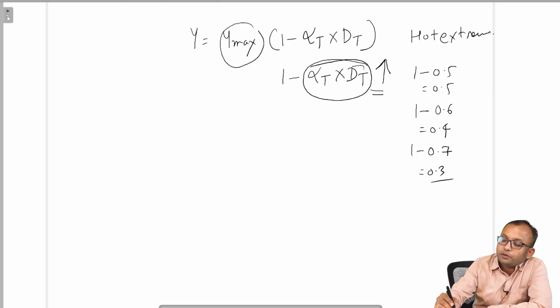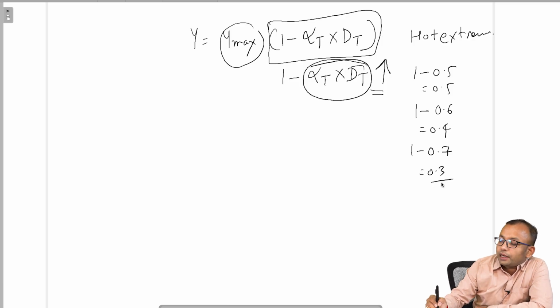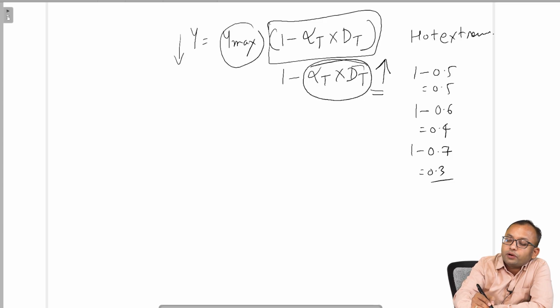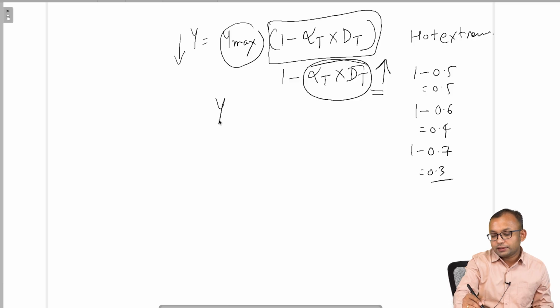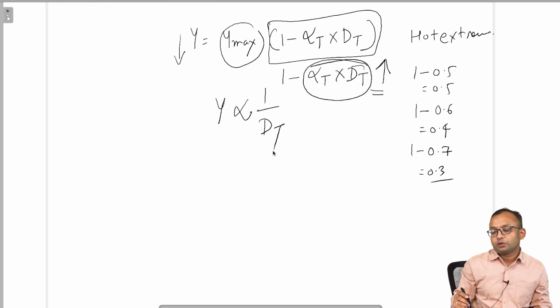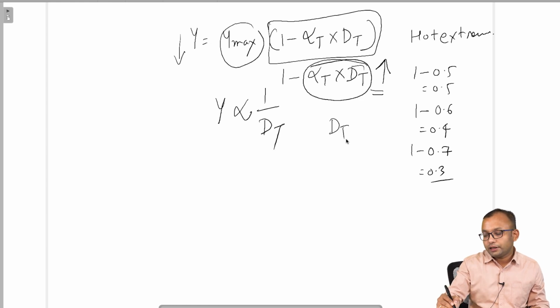So as this particular term will increase, overall this term will decrease, and therefore as it is decreasing, the value of this y value will also decrease. So it is basically y is inversely proportional to dt. So as the dt is increasing, y will be decreasing.